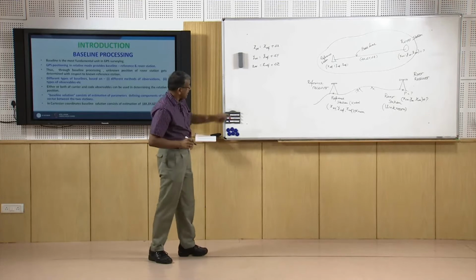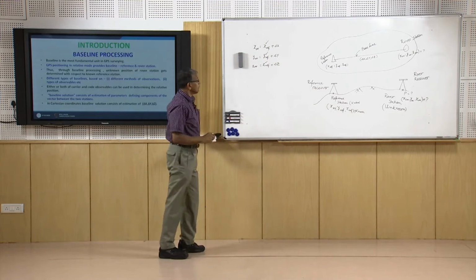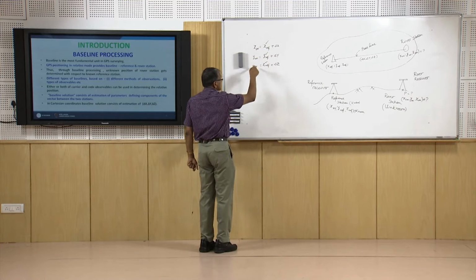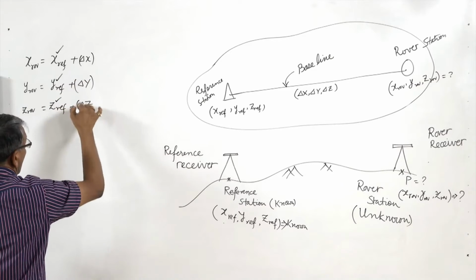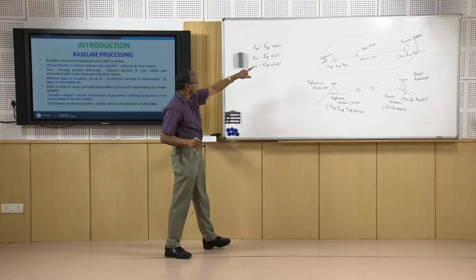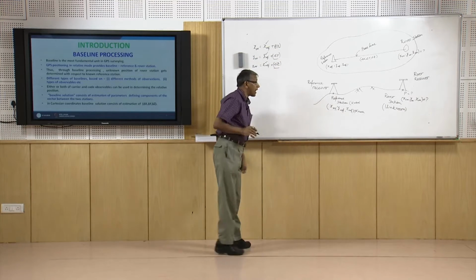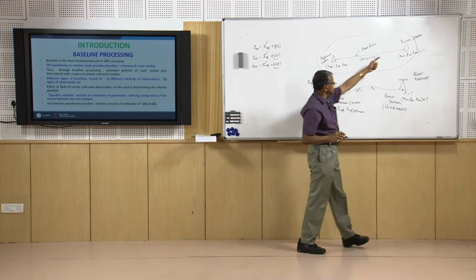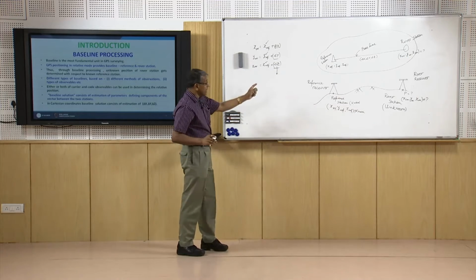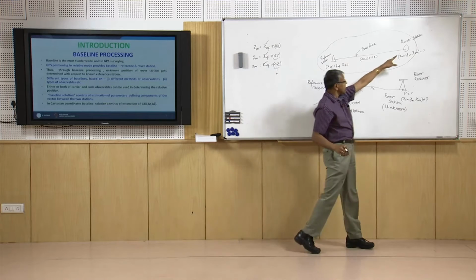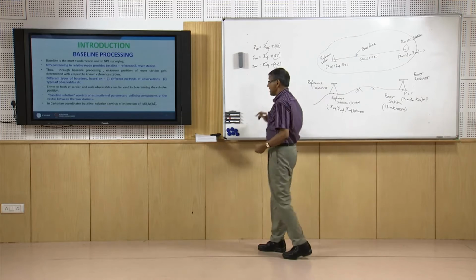You can see that the reference parameters are known, and we want to find out these X, Y, Z. If we know the values of del x, del y, del z, then we will be able to get X, Y, Z. So these del x, del y, del z are the parameters which define this baseline. By finding out the parameters of the baseline, we find out the location of the rover station. So it is called baseline processing.